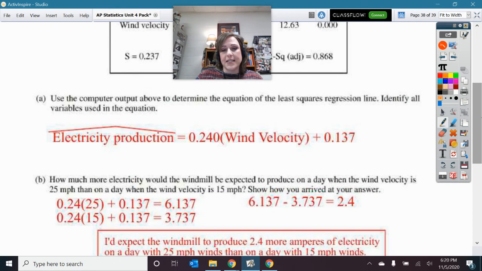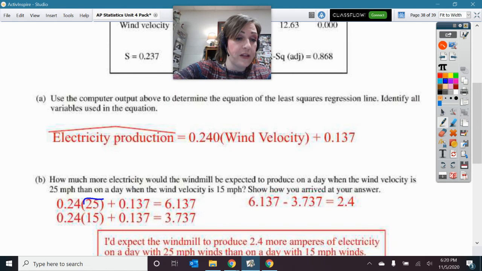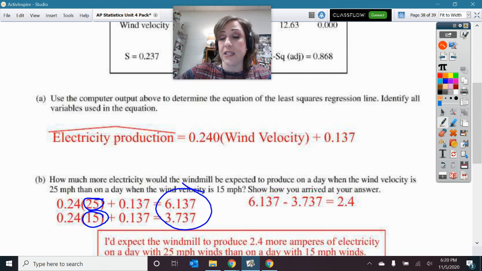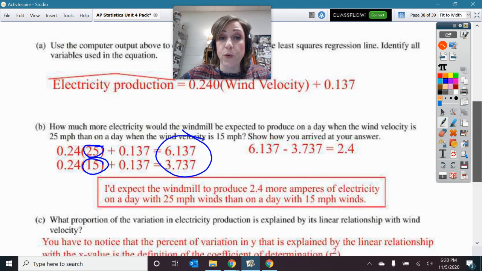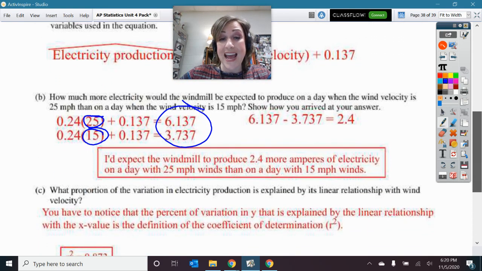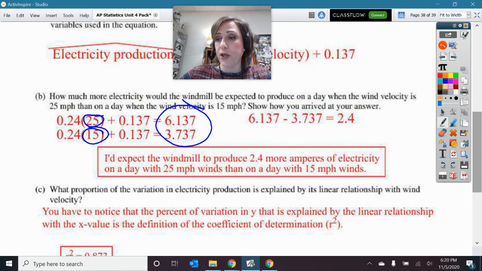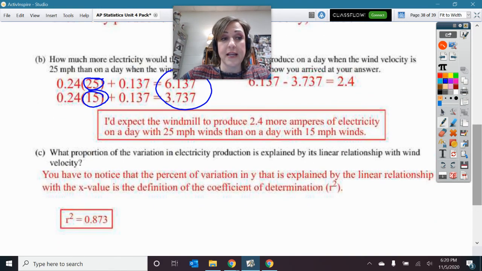You could say, okay, that's a difference of 10, and just plug in 10 right there for the wind velocity, and do the equation once. I happen to do it twice. I plugged in 25 for the wind velocity and got that. I plugged in 15 for the wind velocity and got that, and then I subtracted those two to see what the difference is. Whichever way you did it, make sure that you showed how you did it and how you did that work.